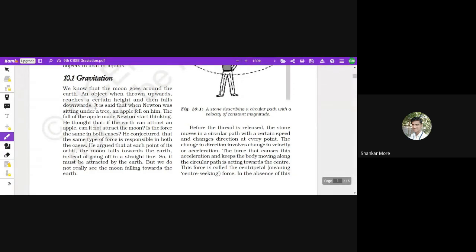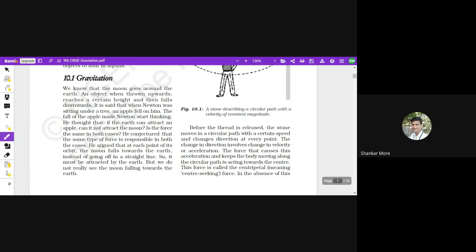It is said that when Newton was sitting under a tree, an apple fell on him. The fall of apple made Newton start thinking. He thought that if Earth can attract an apple, can it not attract the moon? Is the same force in both cases? He conjectured that the same type of force is responsible in both the cases.